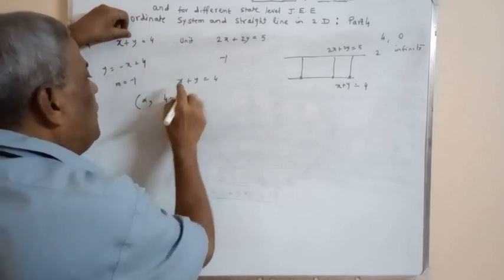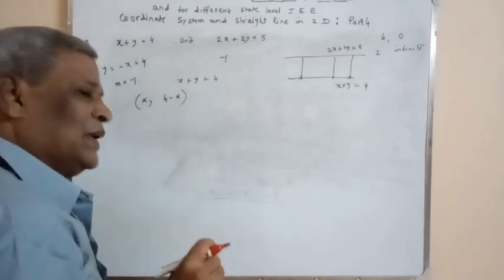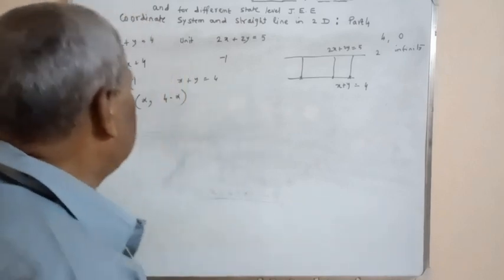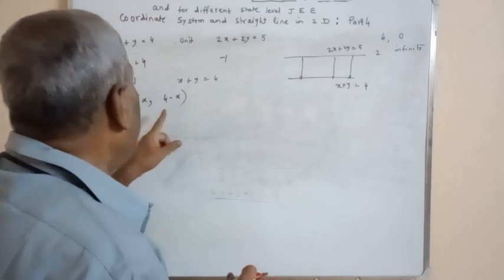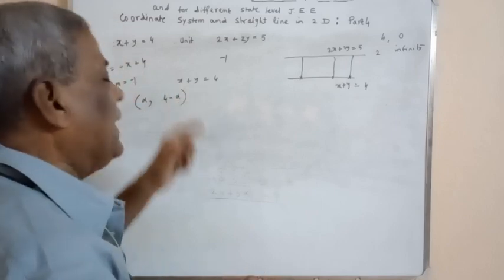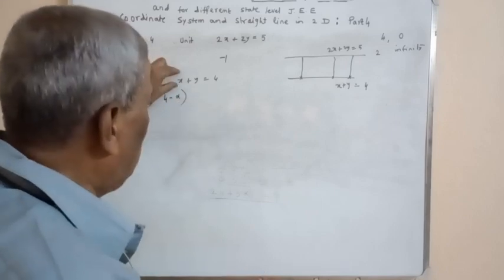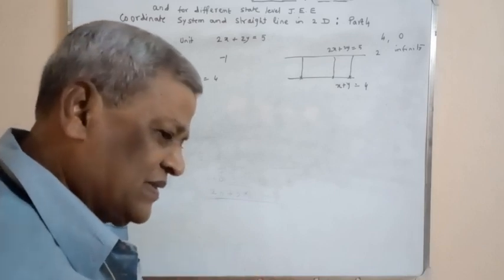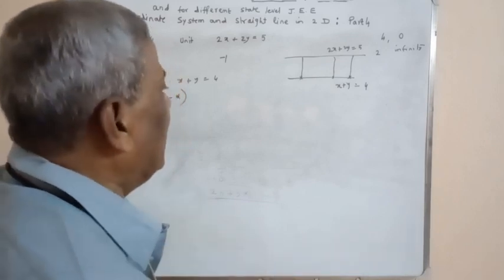So it is any point on that. Once again, I'm telling that this is known as parametric coordinate of that point. Take any value of x, then find y in terms of that.